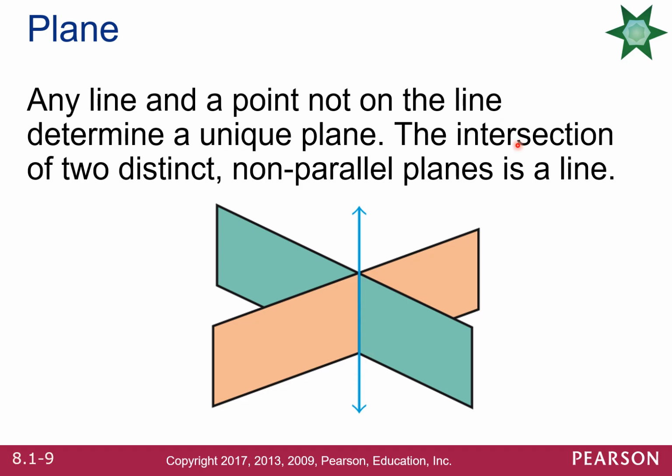So the intersection of two distinct non-parallel planes is a line. So when we have intersecting planes, then the connection is a straight line. Whereas when we talk about lines, we can have intersecting lines, correct? The intersection between two lines is a point, whereas the intersection of two planes is a line.